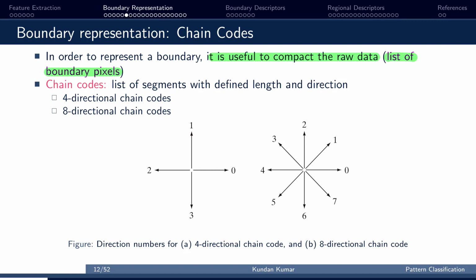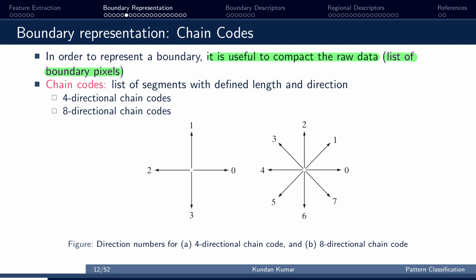So once we have the list of boundary pixels, then we can represent it in a very compact manner so that it will take less space in memory and also it will be easier to apply some algorithm for further processing.